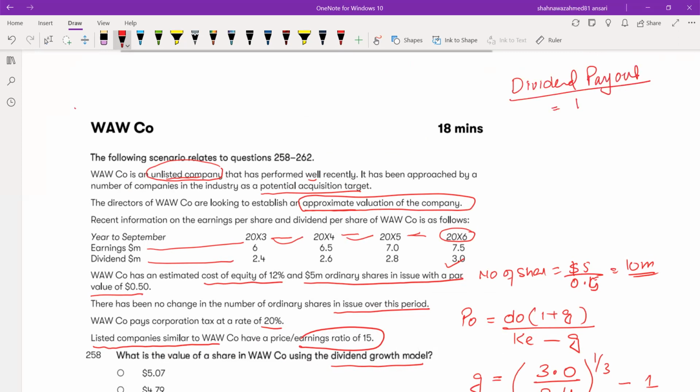Dividend payout is basically dividend divided by profit. Let's see, first one, it's 2.4 over 6, which is 40%. Try another, 2.6 over 6.5.